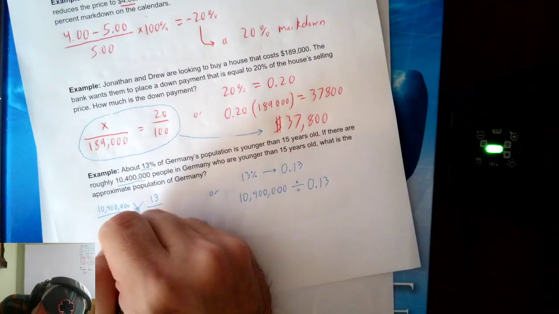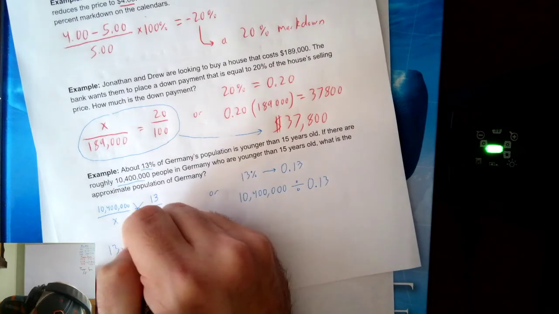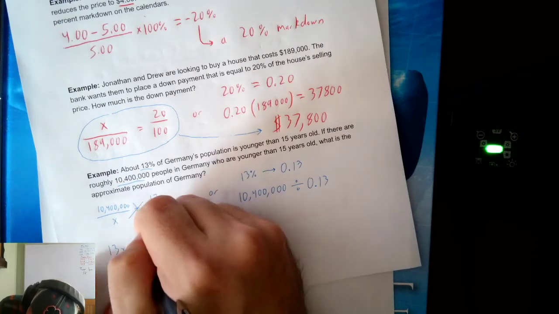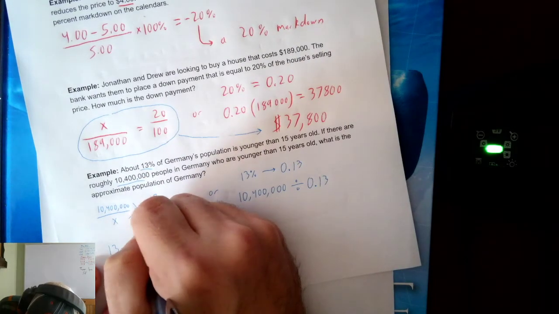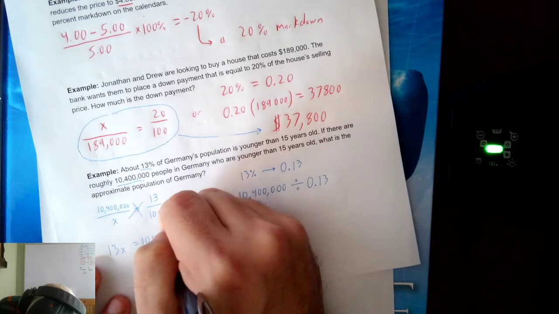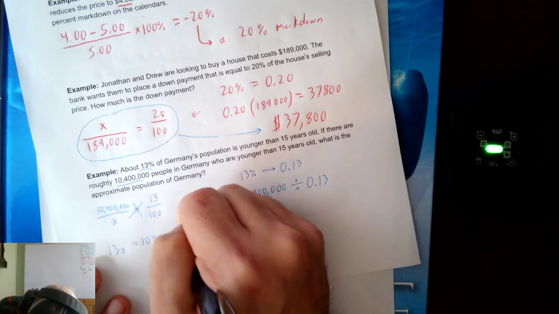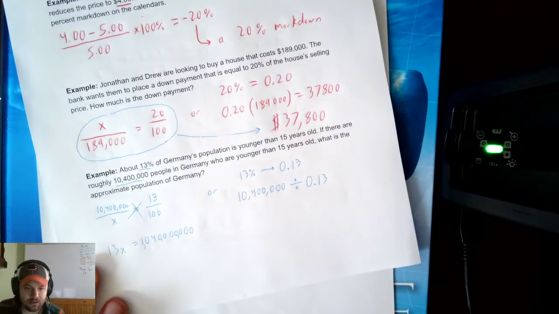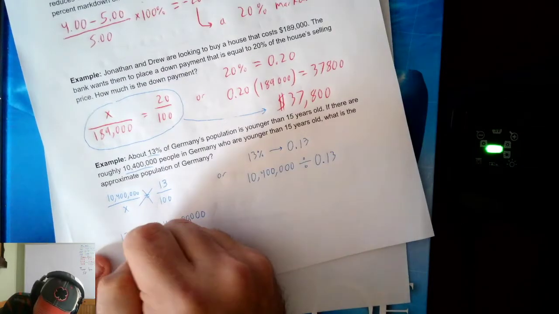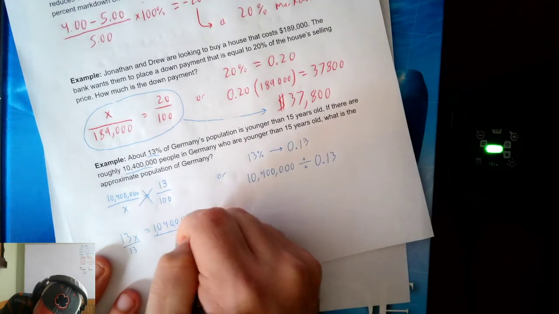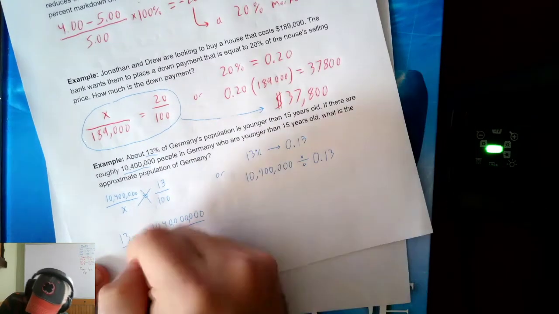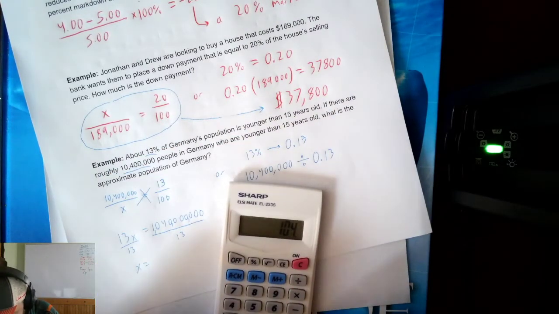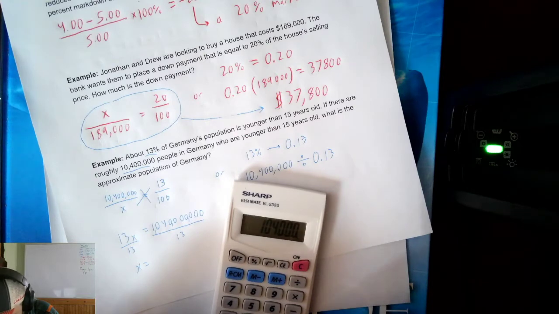We get 13x equals, let's see, multiply that by 100 will give me 10,400,000 times 100, put some commas in, will give me 1 billion-ish. Now I've got to divide both sides by 13, gives me x equals 1 billion-ish divided by 13.